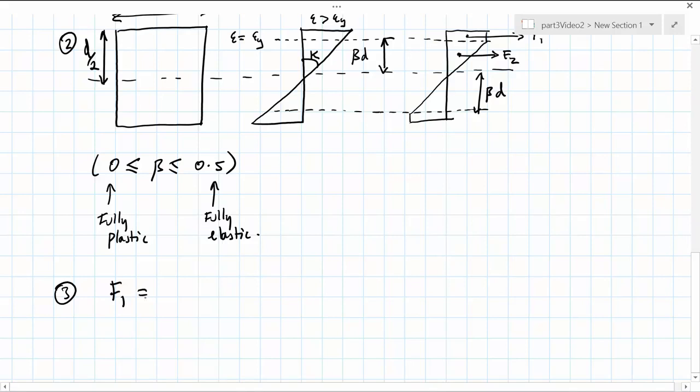F1 is equal to this quantity of area, b times d over 2 less beta times d. And this is multiplied by the yield stress Fy.